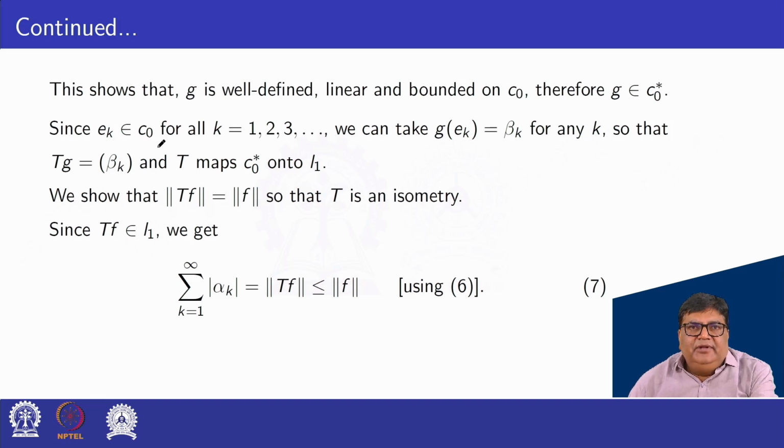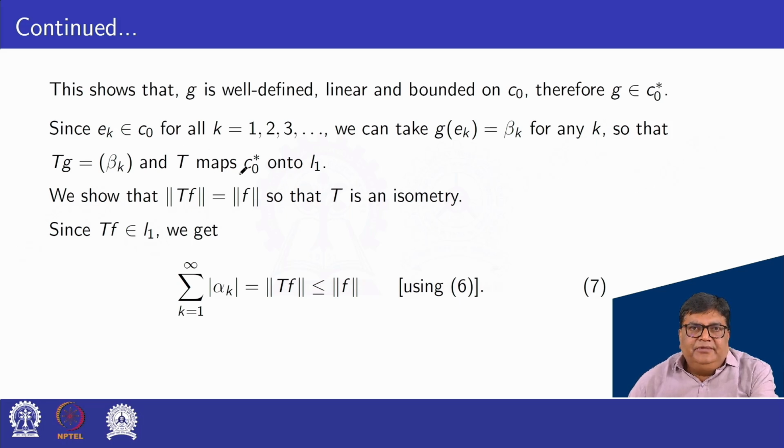Since ek belongs to C0 for all k equal to 1, 2, 3 and so on, that is k belonging to the natural numbers, we can take g of ek equal to beta k for any k, so that Tg equals the sequence beta 1, beta 2, and so on, beta k, 0, 0, 0 and so on.